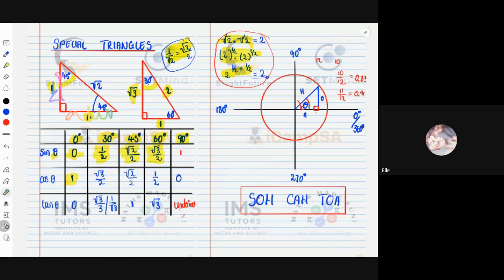All of those are equal to 1, so you just know the other three sides in the special triangle are equal to 1. So you only need to know this side, or sort of memorize this side, of which is equal to root 3. And then you can work out the hypotenuse side by using the Pythagoras theorem, of which is r squared is equal to x squared plus y squared.